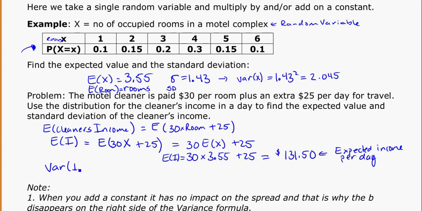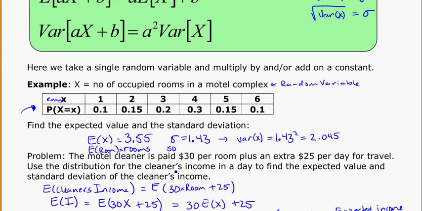So the variance of her income is going to involve a similar sort of situation here. That's the variance of $30 times the number of rooms plus the $25 per day. And when I use the formula given to us here, that's 30 times the number of rooms plus $25 per day.